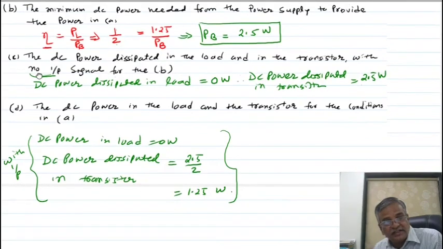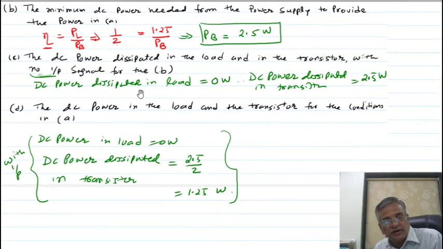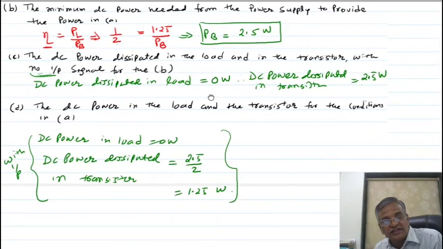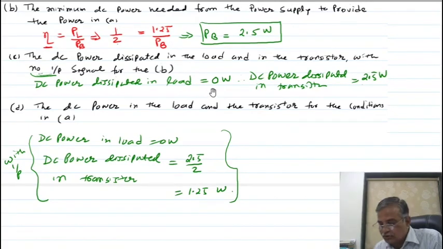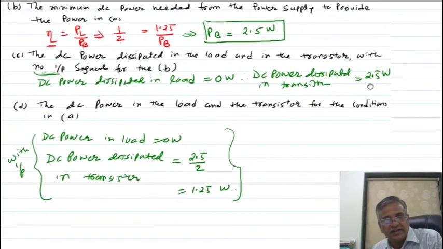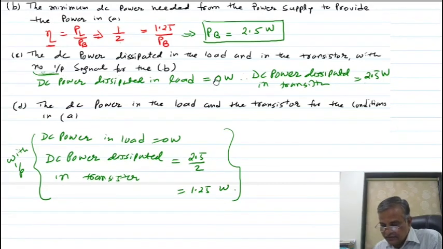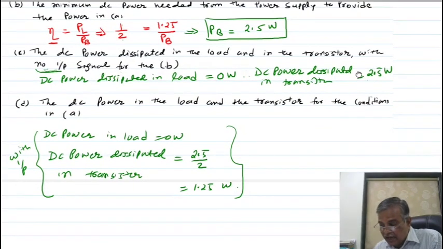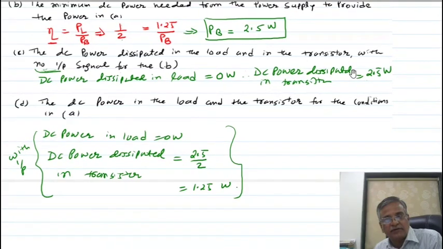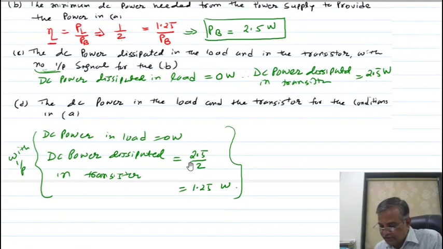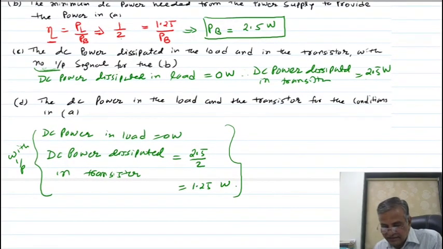When no input signal is applied, the DC power dissipated in load is 0, because the primary resistance tends to 0, and whatever DC you apply is dissipated across the transistor. When input is applied, this remains 0, but half of this power will be converted into AC, so the remaining half will be dissipated as DC power.